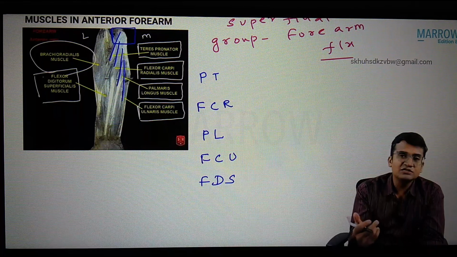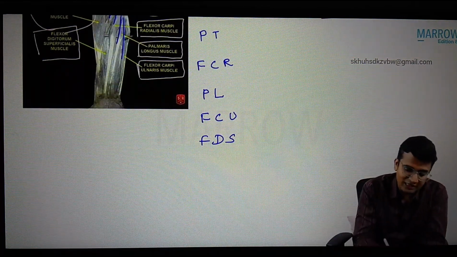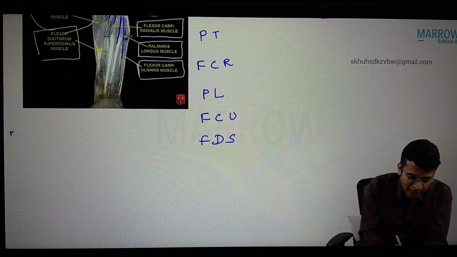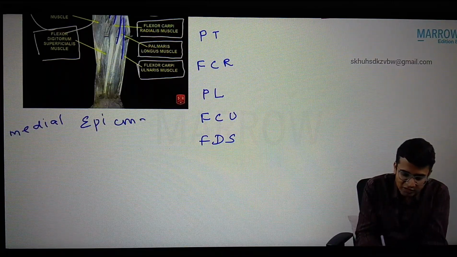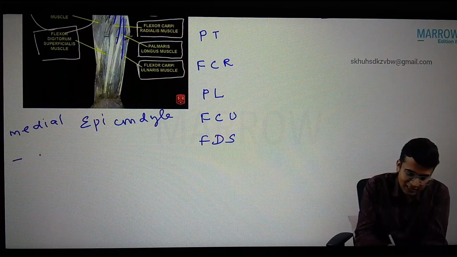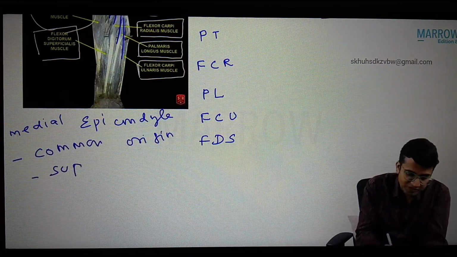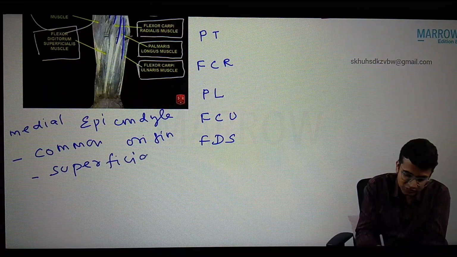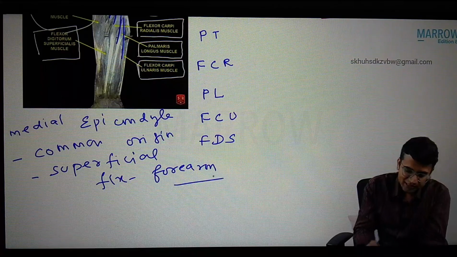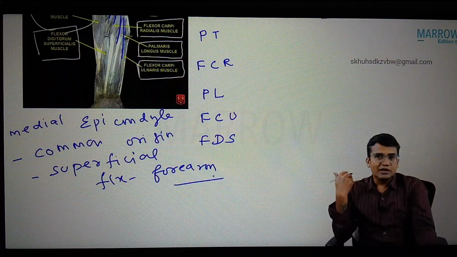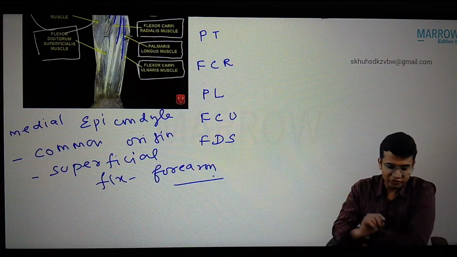So the medial epicondyle is the common origin point for the superficial flexors of the forearm. Similarly, the lateral epicondyle is the common origin point for the superficial extensors. I hope you know that.